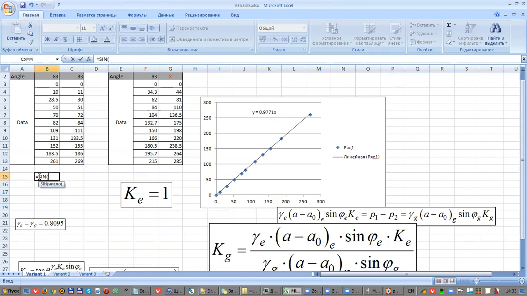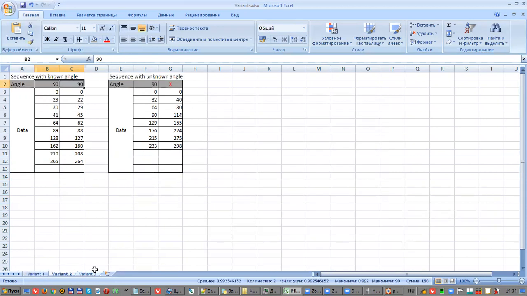After, it's very important, I change from degrees to radians, because the sine function must work with radians. So I change into radians, and I have the first sines and the second one. It's exactly the same values for variant 1 and for variant 2.